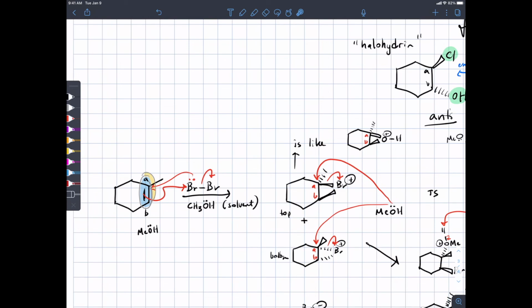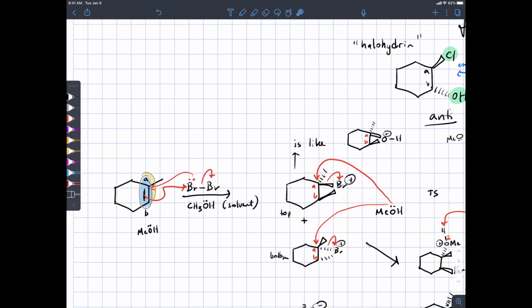Good question. So those first 2 reactions, hydration and hydrohalogenation, were identical in mechanism. The only thing that was different is what is the nucleophile in the second step. Similarly, halogenation and halohydrin formation are identical in mechanism except for the nucleophile that comes in the second step.